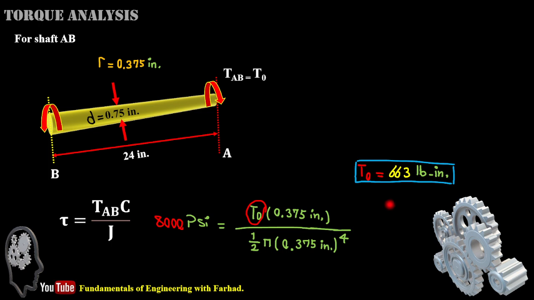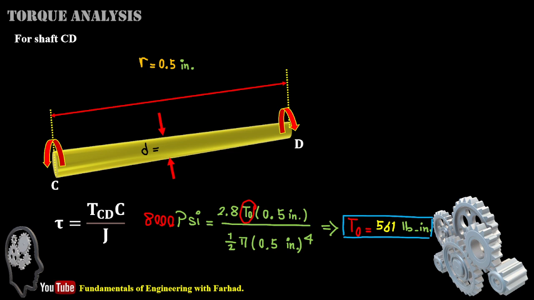It gives us T naught equal to 663 pound inches.